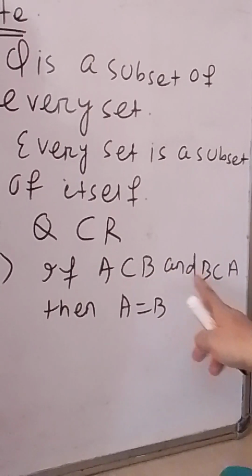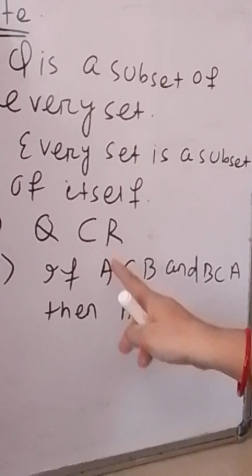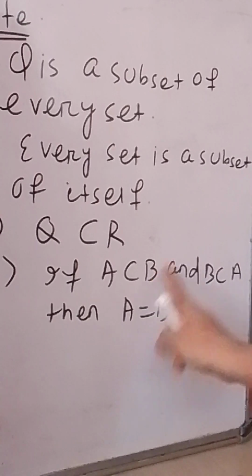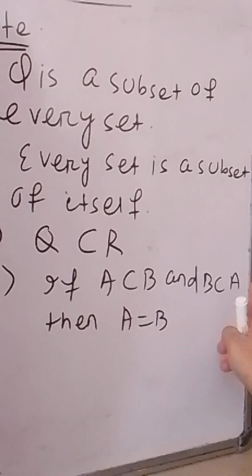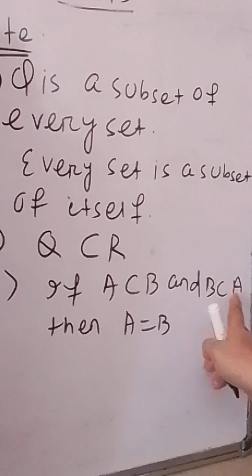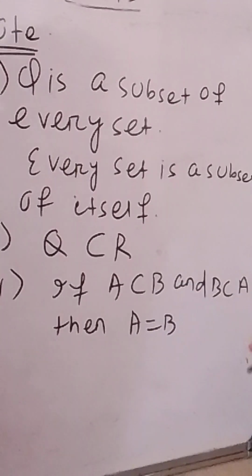A is a subset of B means all elements of A are the elements of B, and B is a subset of A means all elements of B are the elements of A. So if these two conditions are satisfied, we can say set A is equal to set B.